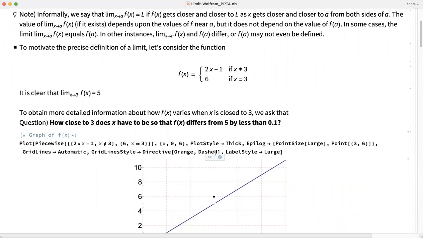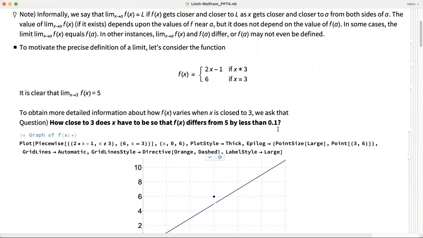But we want to establish a mathematical expression for the word close, or approach. To do that, let me start off with this question: how close to 3 does x have to be so that f of x differs from 5 by less than 0.1?